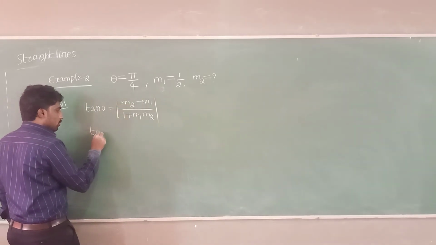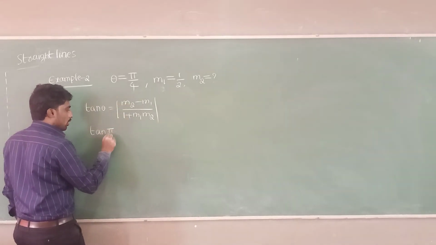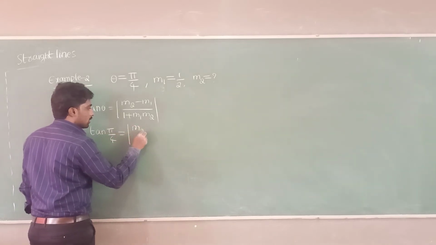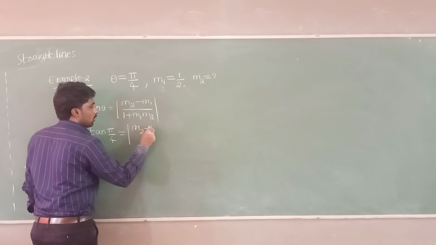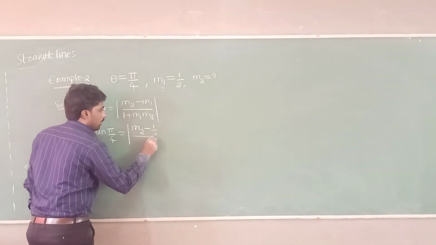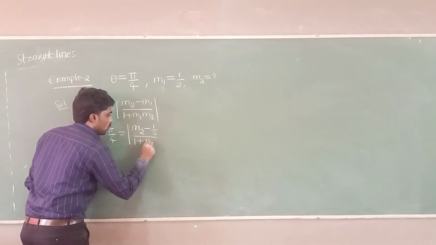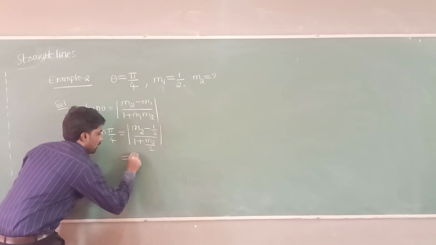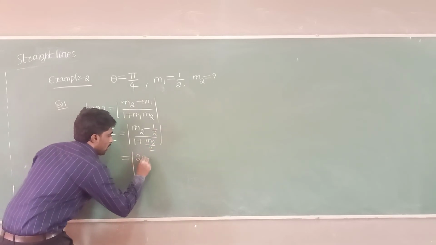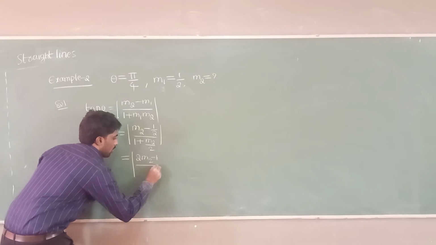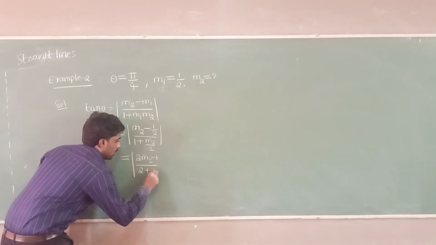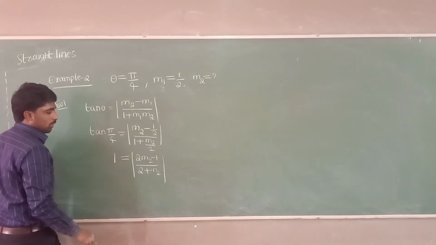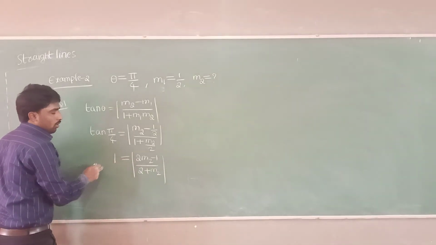Tan pi by 4 equals modulus of (m2 minus 1 by 2) by (1 plus m2 by 2). If I take the LCM here, you will get modulus of (2m2 minus 1) by (2 plus m2). The value of tan pi by 4 is 1, so the modulus of this value equals 1.